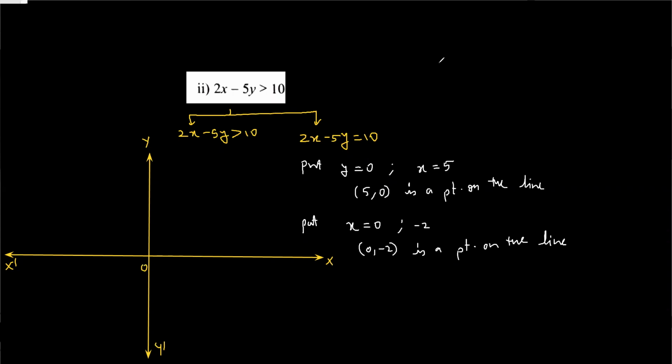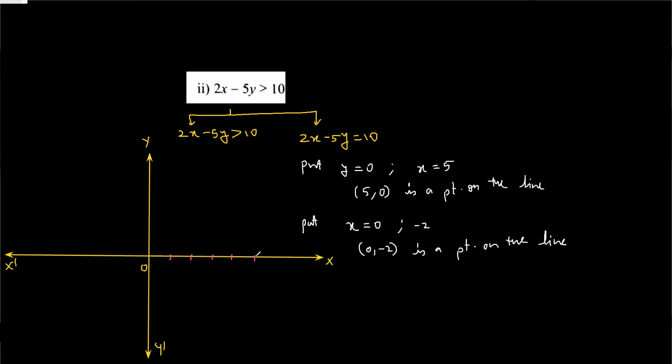You can use a scale. I'm doing it without a scale, so mine could be slightly off the shape and scale, but you can do it. You will take 1 centimeter as 1 unit on your answer booklet. So 1, 2, 3, 4, 5.